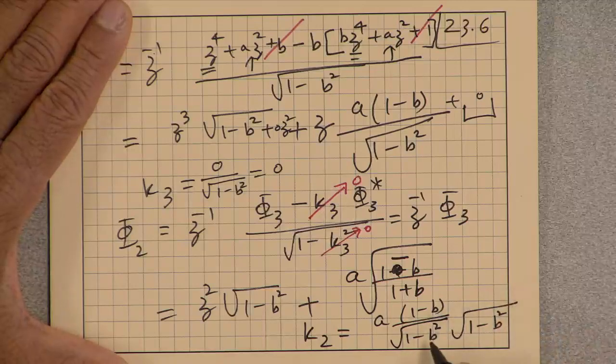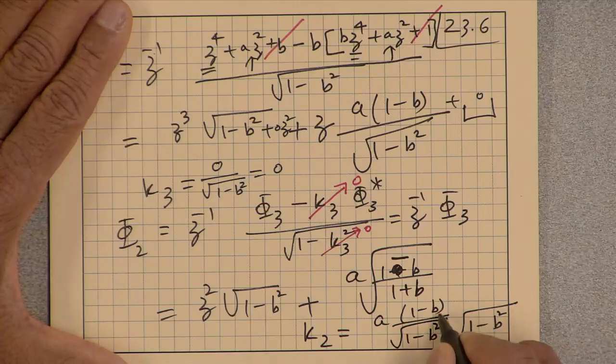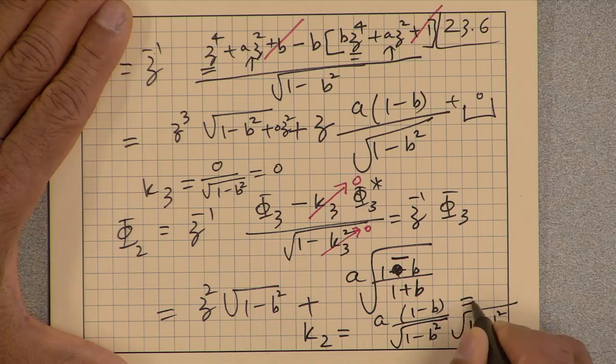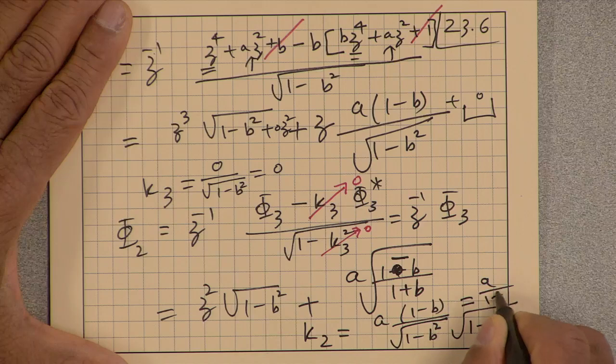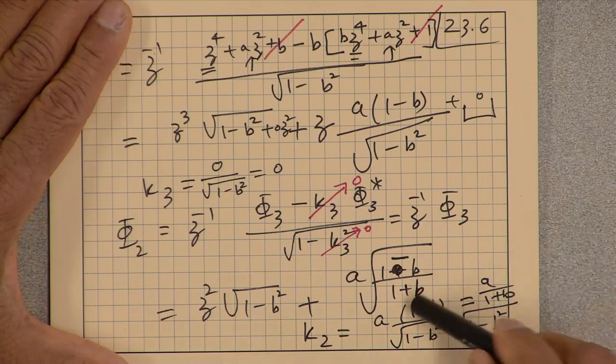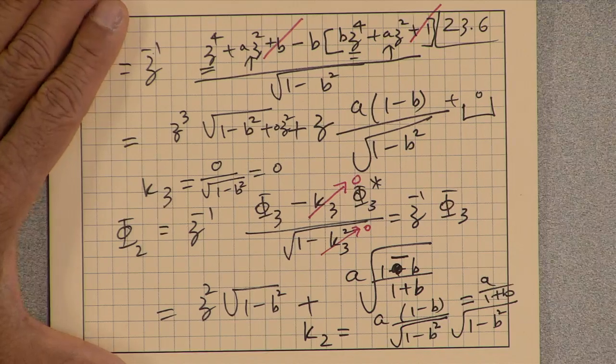This multiplied by this is 1 minus b squared, and 1 minus b by 1 minus b squared is a by 1 plus b. So 1 minus b cancelled out, we get 1 plus b in the denominator. So that's k2.